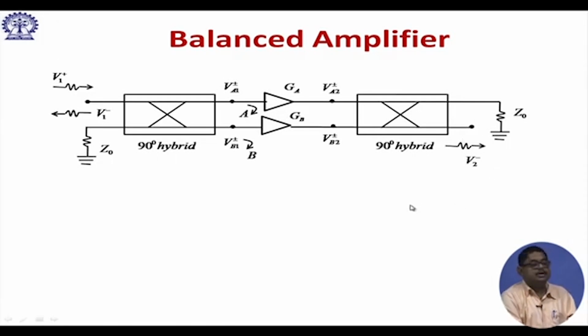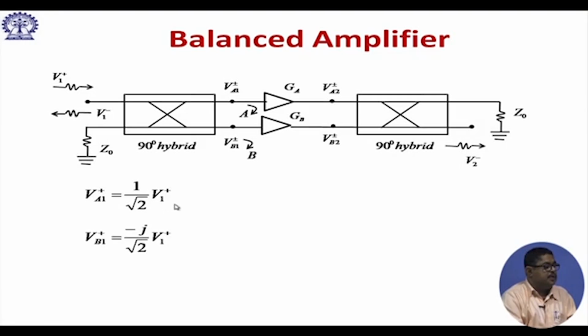Now, let us quantitatively see what VA1 is. We know that this is voltage, so I will have 1 by root 2. From your hybrid knowledge, you refresh, in the through port I will get VA1 equal to 1 by root 2 V1 plus. This is 3 dB, that is why I am getting this 1 by root 2 in voltage. In power it is half. Then VB1 plus, this also is how much?